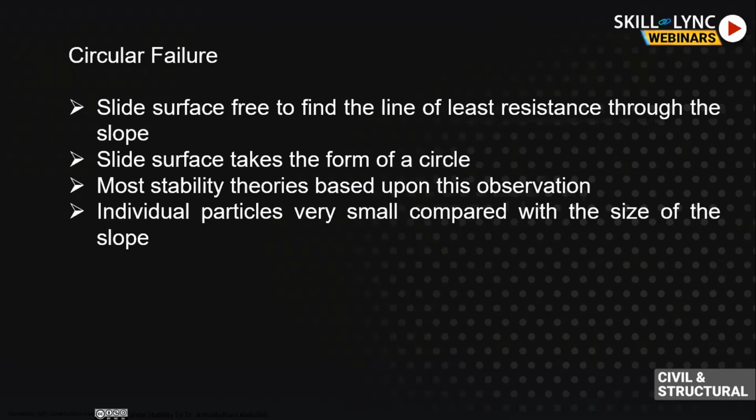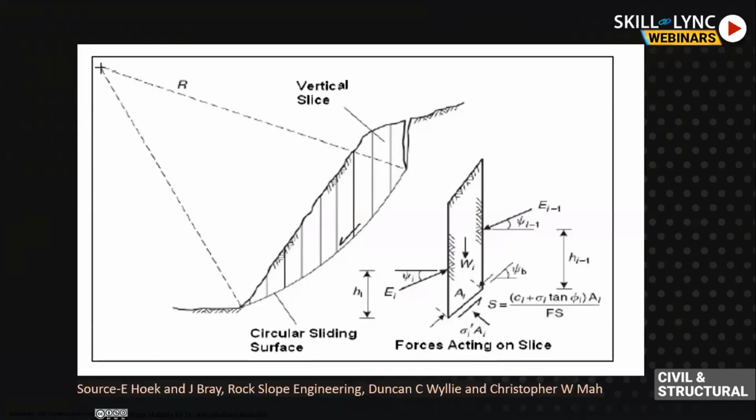Most soil slope stability theories are based upon this observation. Circular failure happens when individual particles are very small compared with the size of the slope. This failure is rampant in soil, very uncommon in rocks.